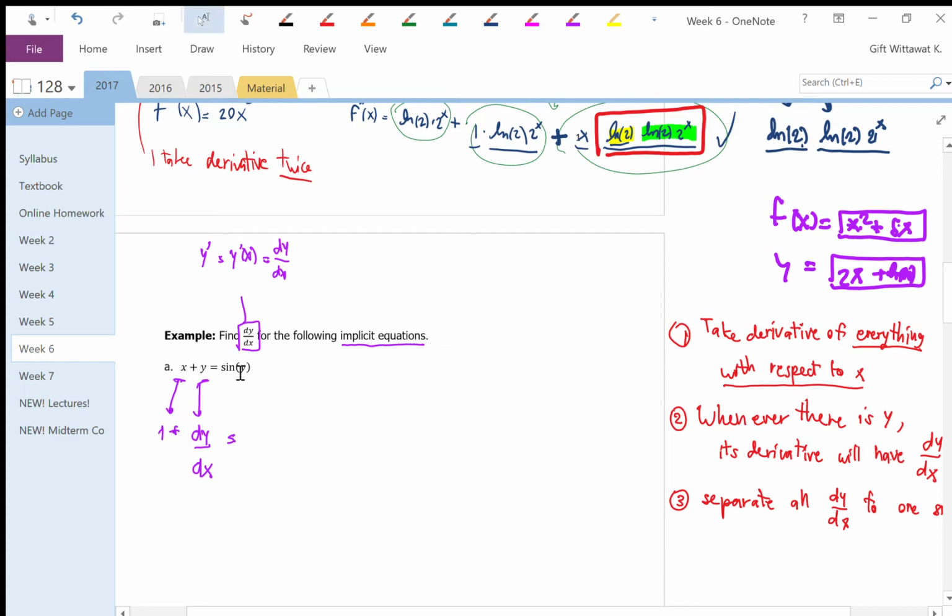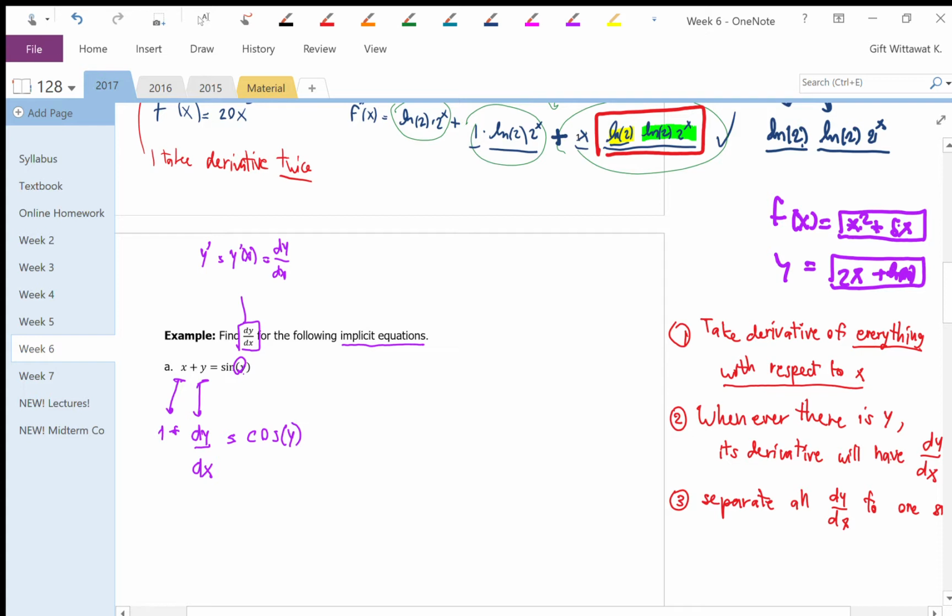Now, what is the derivative of sine of y? You can think of this as the chain rule. The derivative of sine is cosine. So the derivative of sine of x is cosine of x, and the derivative of sine of y is just cosine of y.